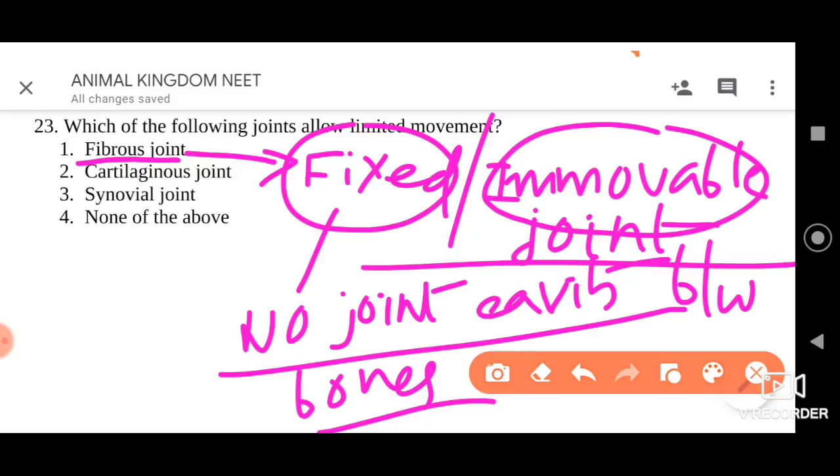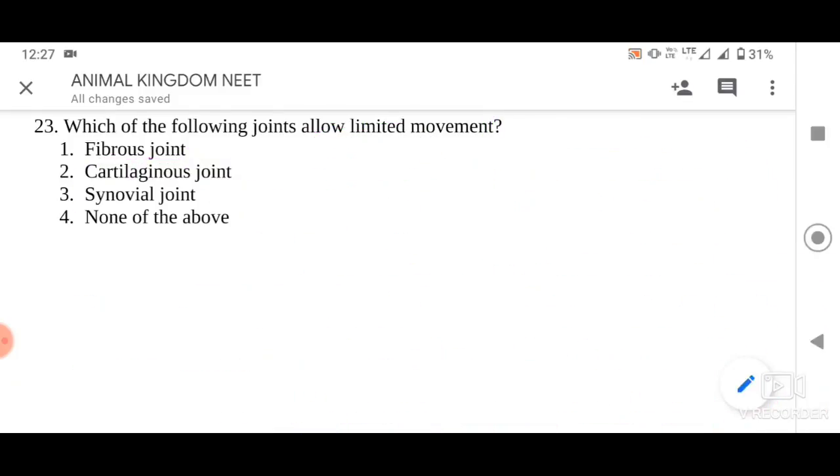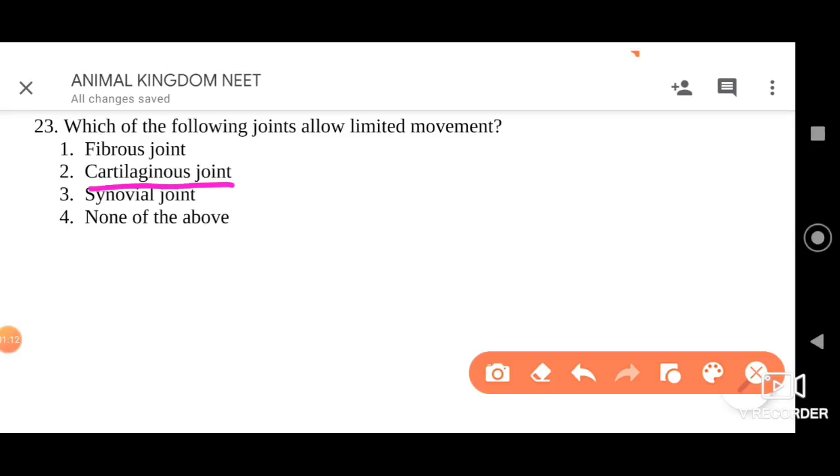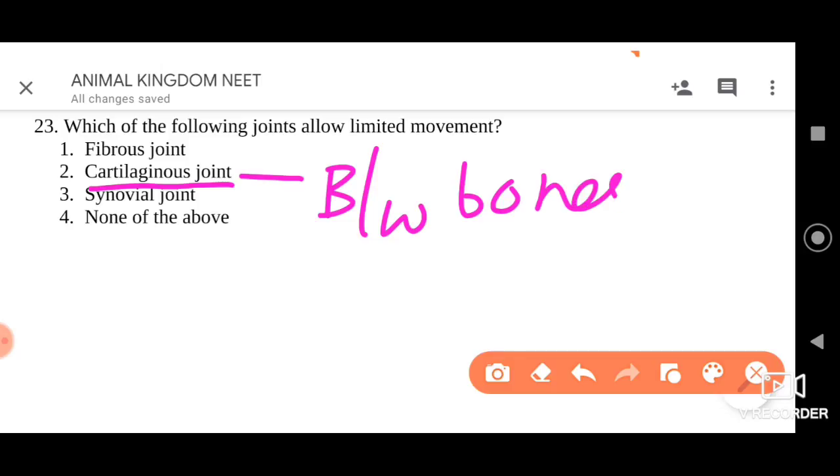So let us talk about the second one, cartilaginous joint. See, cartilaginous joint allows much more movement between the bones. It is much better than fibrous joint, which does not provide the movement at all.